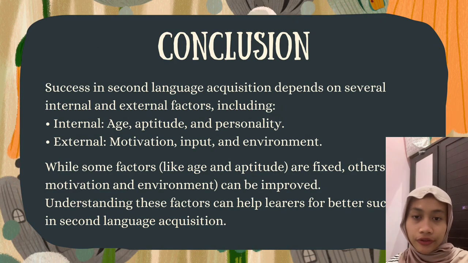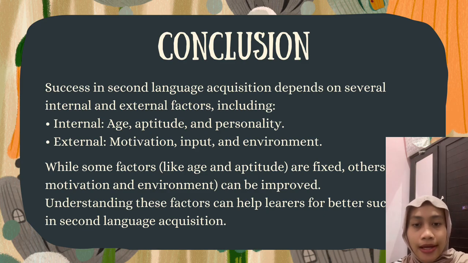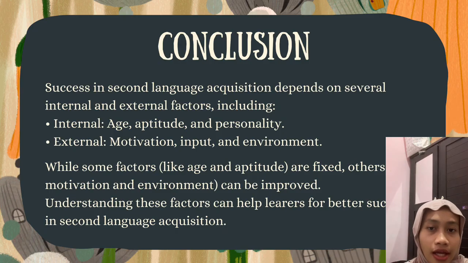And finally, for the conclusion, success in second language acquisition depends on several internal and external factors that I have mentioned before. The internal factors are age, aptitude, and personality. And the external ones are motivation, input, and environment.